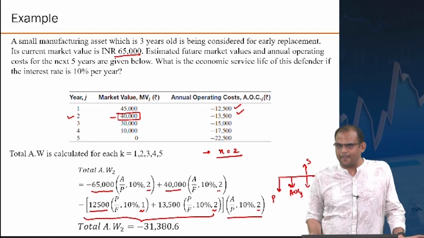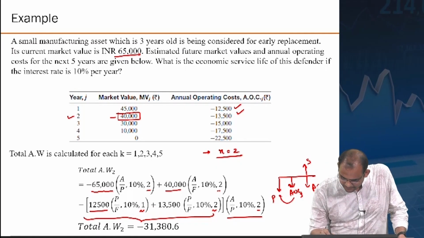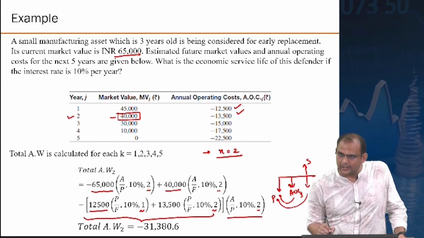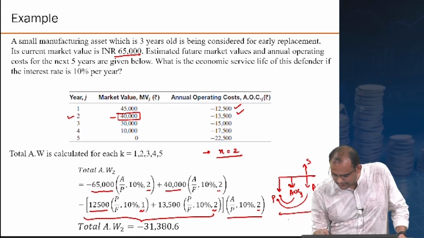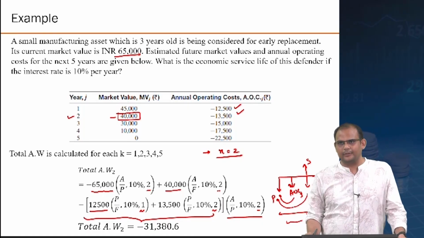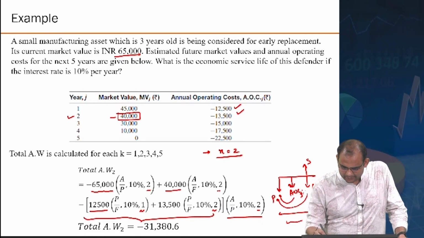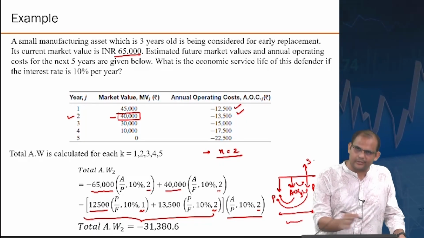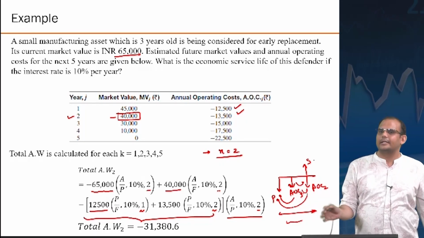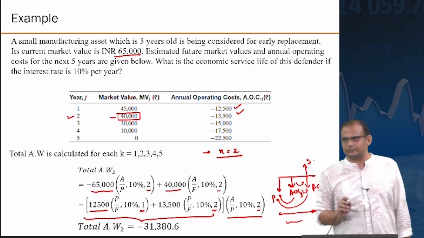Got the idea? I brought this to present worth, I brought this to present worth, redistributed the whole thing to 2 years. You could have brought this to here and redistributed using the A by F formula, it doesn't matter, the answer would be the same.